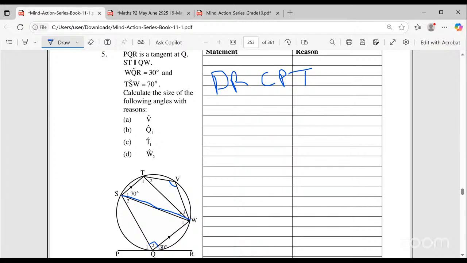You accompany that with a reason: angle in a semicircle. Only if you are given that SW is a diameter. Or, if you are given that angle Q2 is 90 degrees, then you can say SW is a diameter. That is the converse of the reason, angle in a semicircle. Does it make sense?